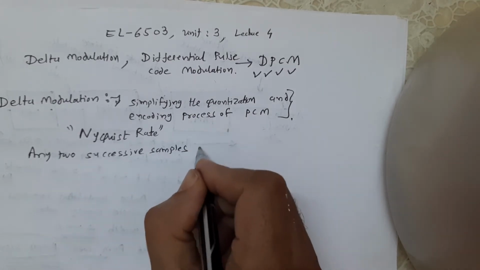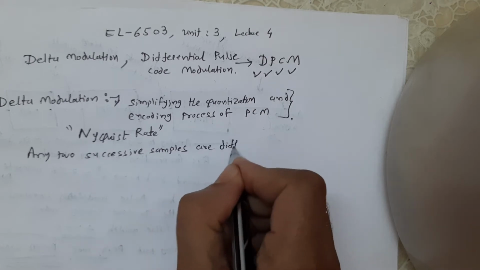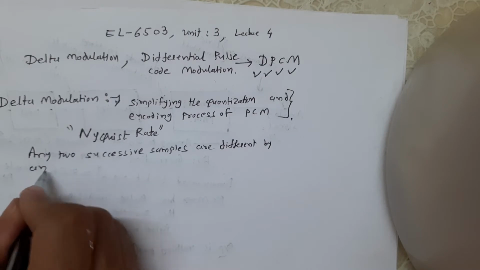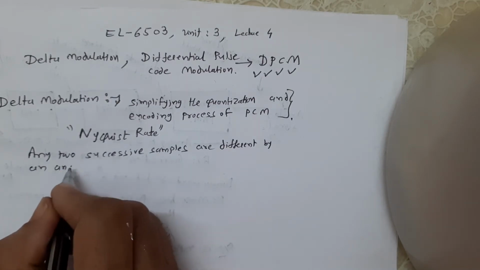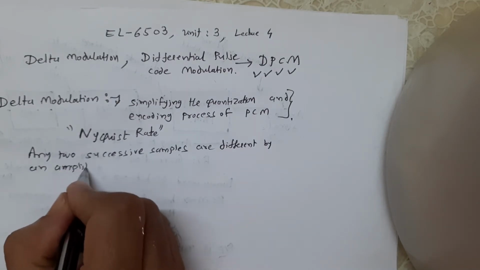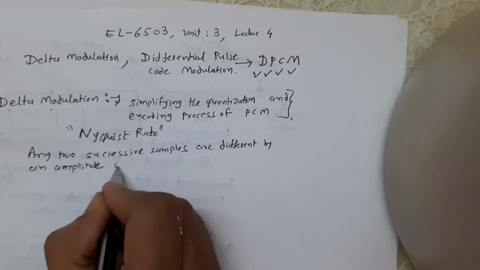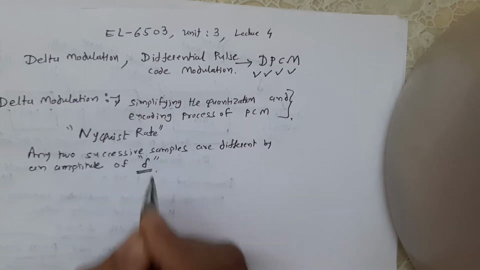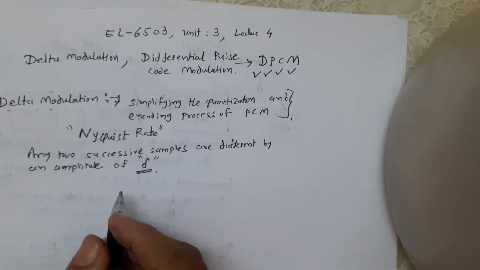The current sample is either larger or smaller than the previous value by delta.